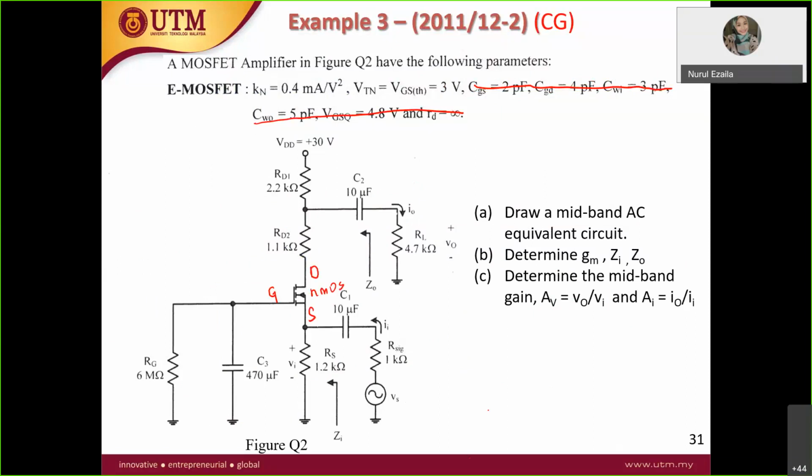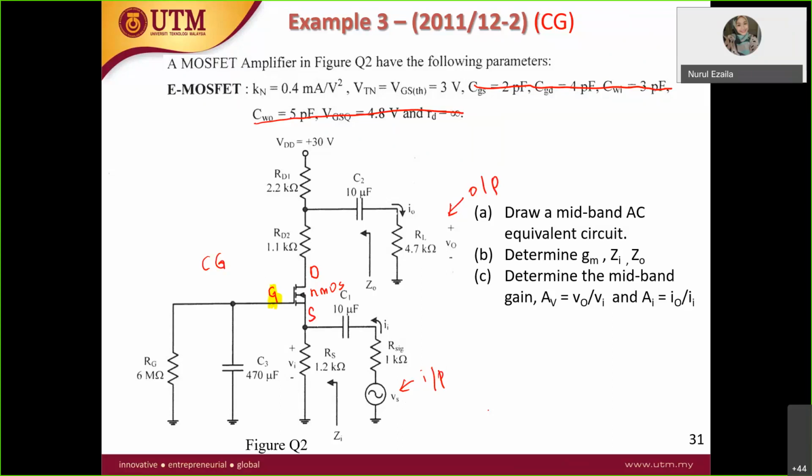The input is where the source is, so this is the input VS. And where is the output? The output is where the V out is, usually the RL. What's left here is the gate. So this is a common gate. Now we want to draw the equivalent circuit.